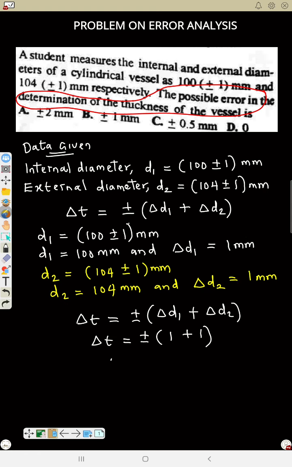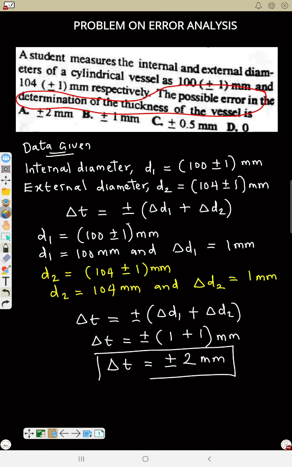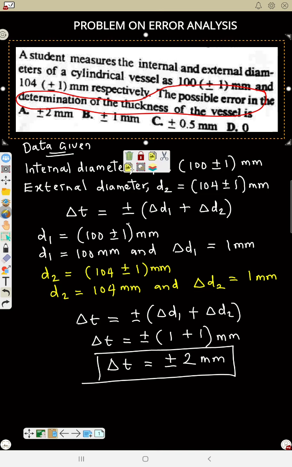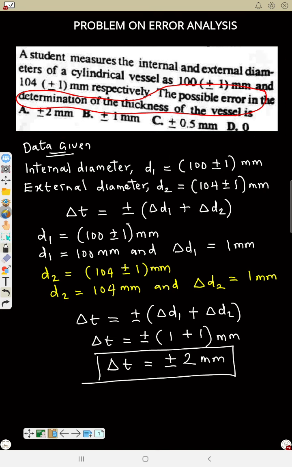So delta T, that is absolute error in thickness, is equal to plus or minus 2 millimeter. This is in millimeter. So that means this is the answer. That will be option A. If you check the first one, it will be option A.